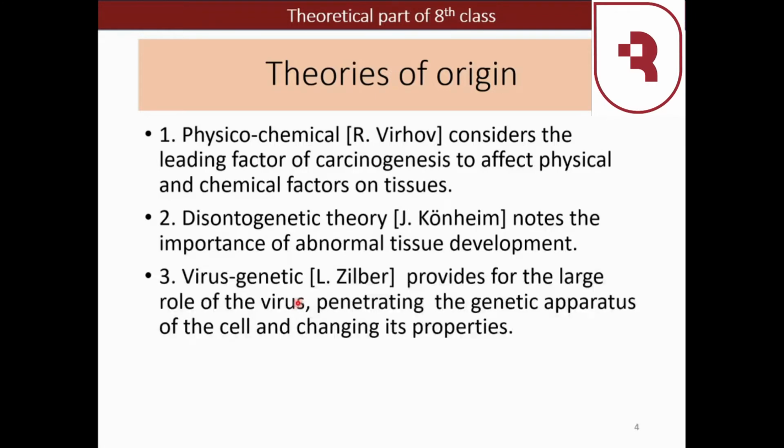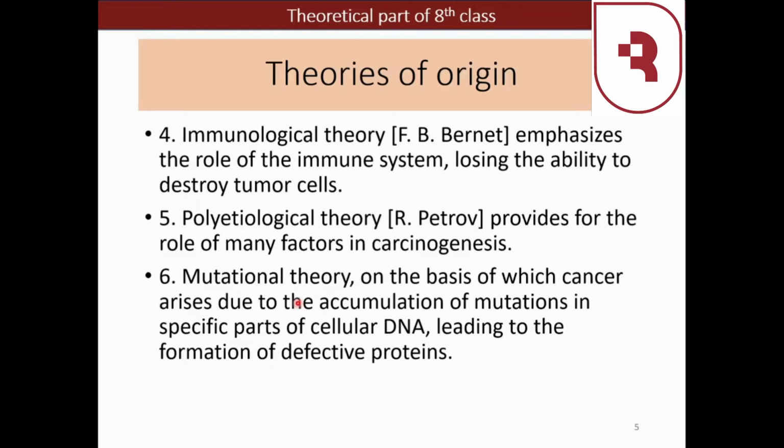For example, human papilloma virus will lead to formation of papillomas, and papillomas are benign tumors, but sometimes they may transform into malignant tumors, and we will see formation of malignant tumors in the place of benign ones.